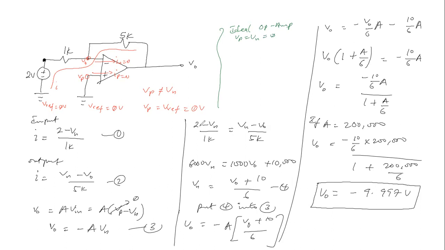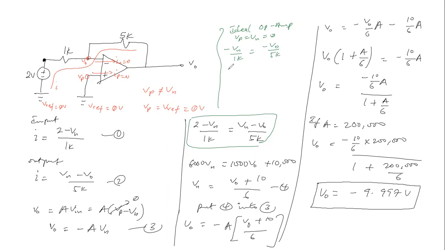So this expression reduces, comparing equations 1 and 2, the current flowing through will be negative V sub n over 1k equal to negative V naught over 5k, because V sub n is 0.